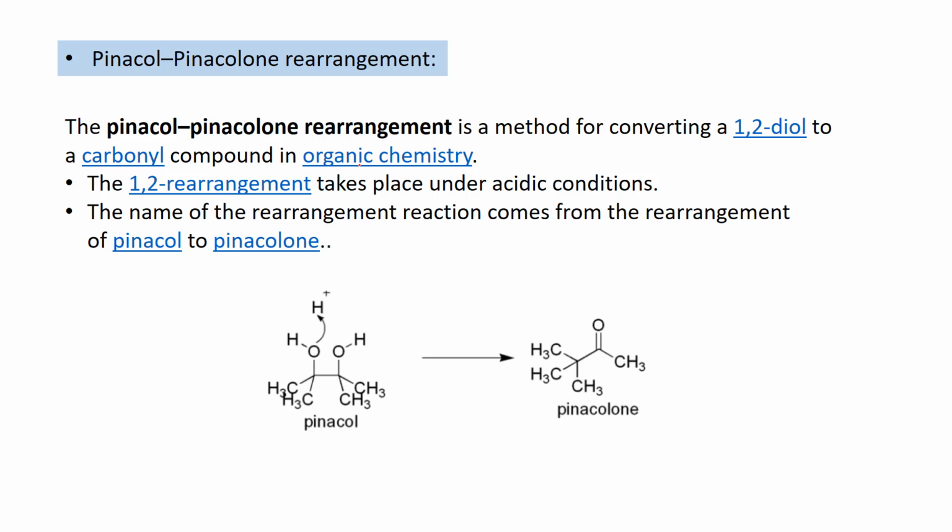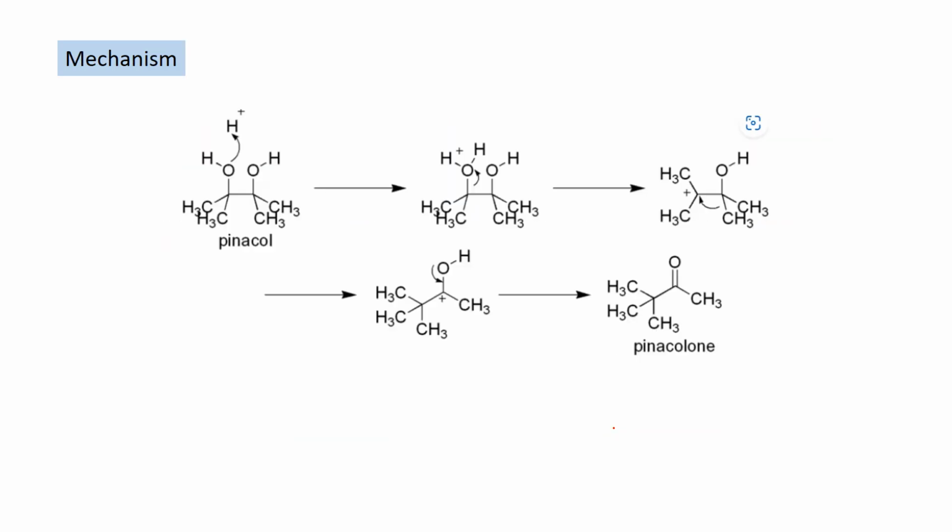Whenever there is a 1,2-dihydroxy group, that is called pinacol. The 1,2-dihydroxy compounds are called pinacol, and after reaction the compound with the carbonyl group is called pinacolone. So it's a transformation from pinacol to pinacolone, that's why it's called the pinacol-pinacolone rearrangement. So what is the mechanism?